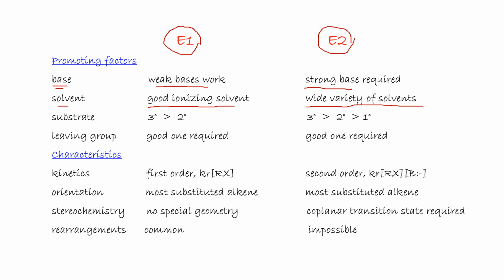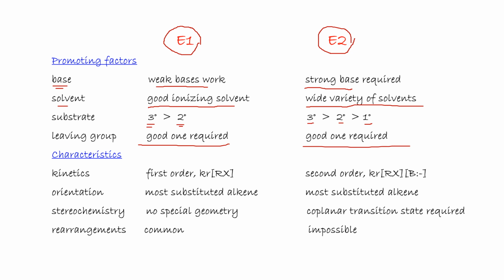Substrates active in the E1 mechanism are tertiary and secondary alkyl halides. On the other hand, E2: tertiary, secondary, primary. And in both cases, leaving groups should be good leaving groups.